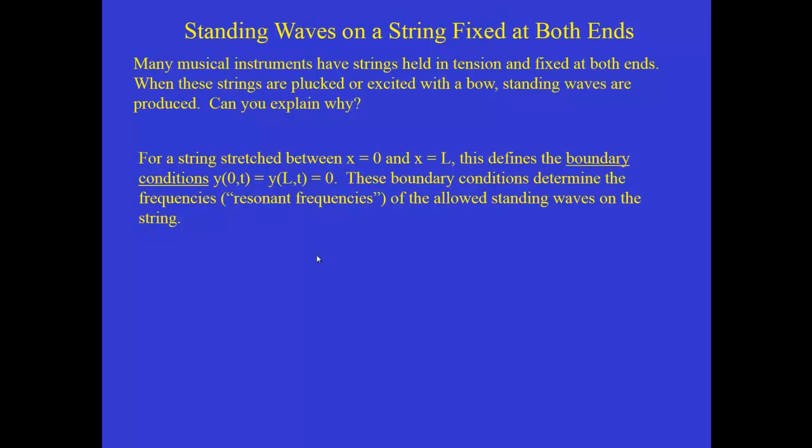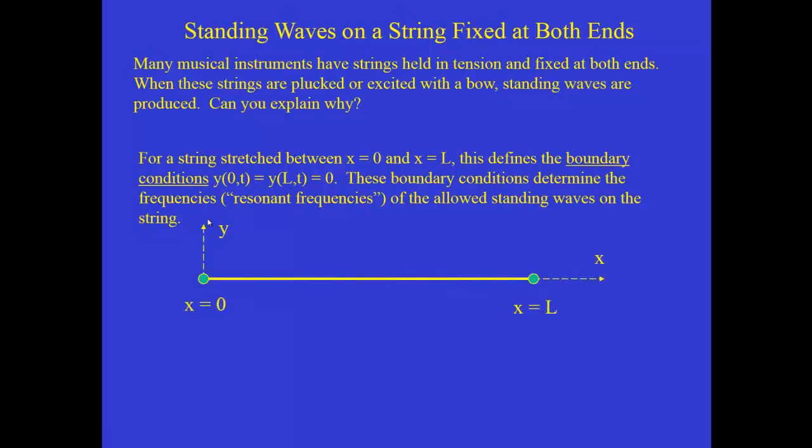So when those two boundary conditions are fixed, they, along with the length of the string, determine the resonant frequencies of the allowed standing waves on the string. There's more than one possibility, but all of the allowed standing waves have to have nodes at the two ends.